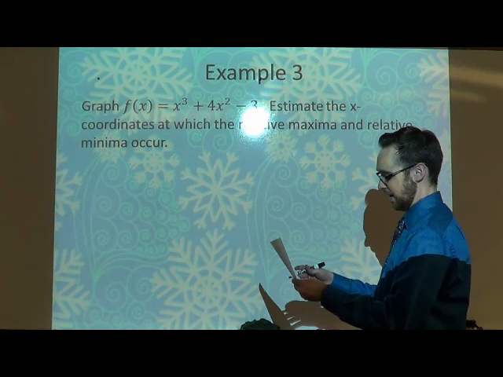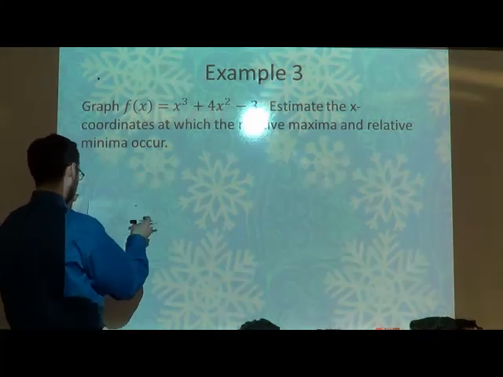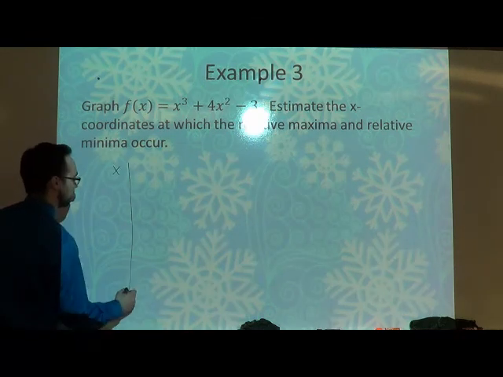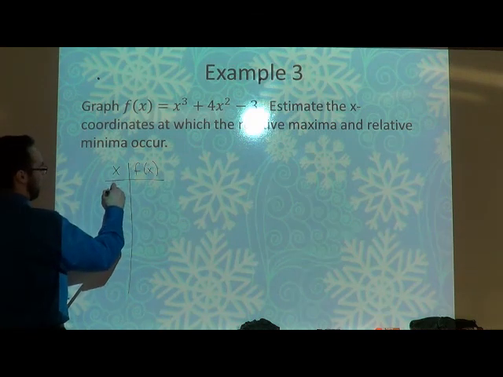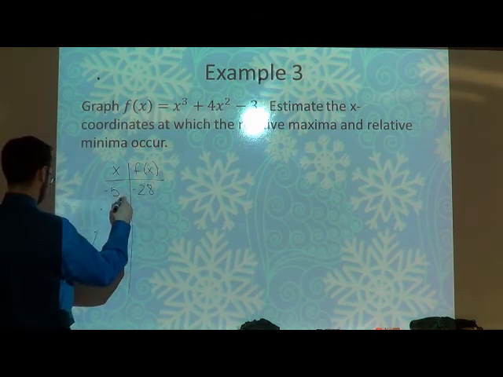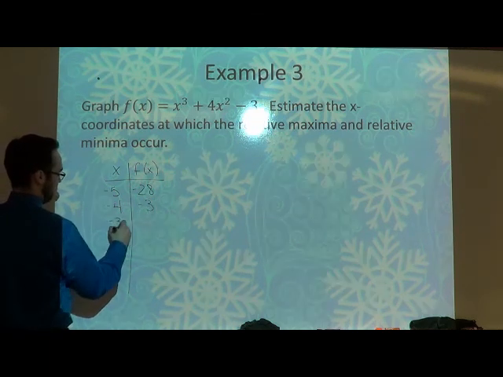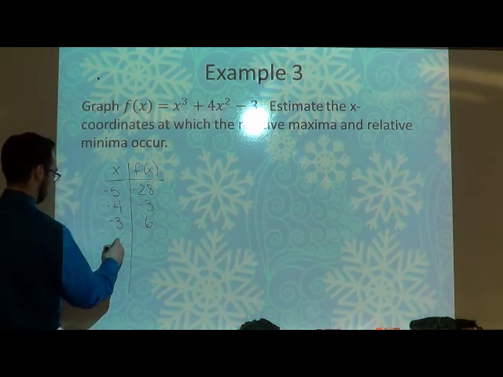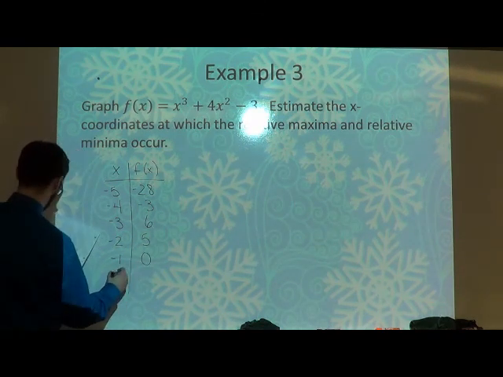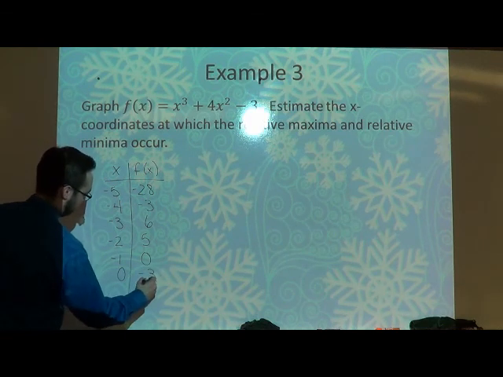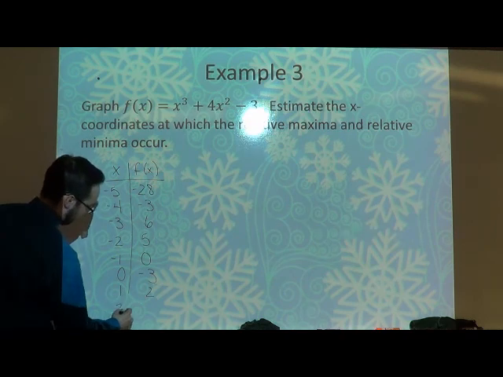So we're actually going to go ahead and graph some of these. So the table of values you already have. So I'm going to copy them down so I can talk about them with you guys. So we have -5, -28, -4, -3, -3, 6, -2, 5, -1, 0, 0, -3, 1, 2, and then it goes up and forever.